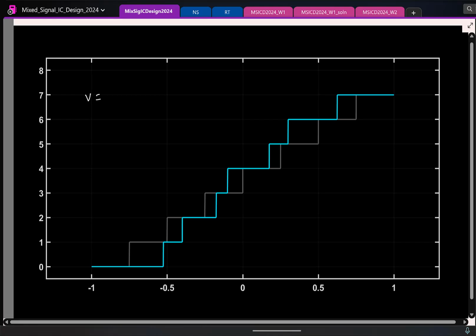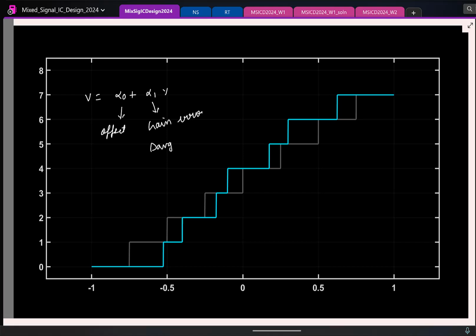Basically, V is alpha naught plus alpha 1 times y. This will give you offset. You can subtract the offset. From this, you can find the gain error, so you can find delta average from this. And then you go and compute DNL and INL. That is what is done in practice.